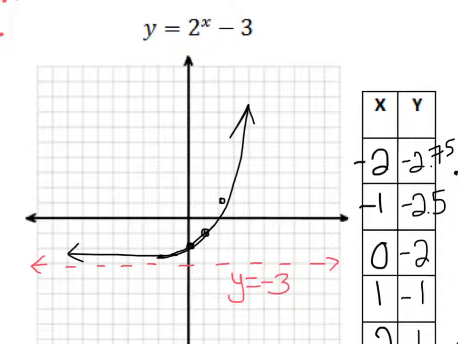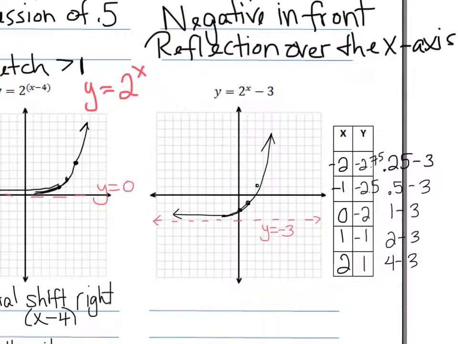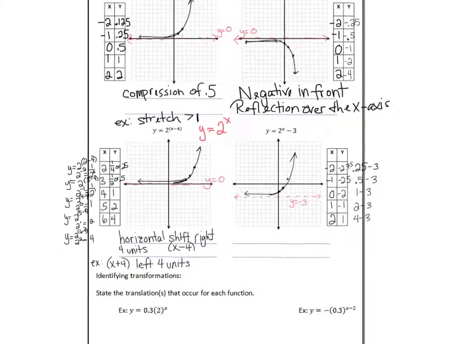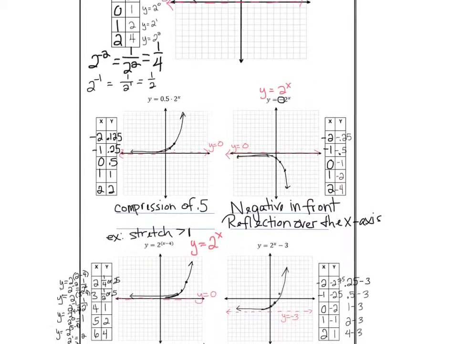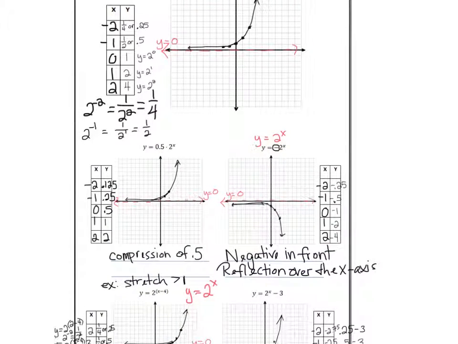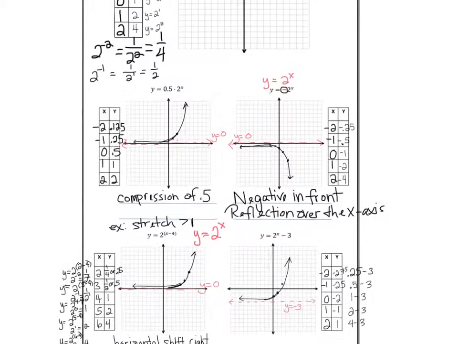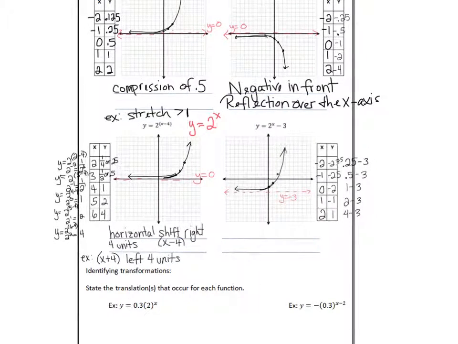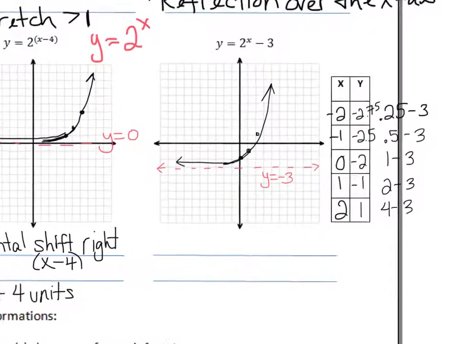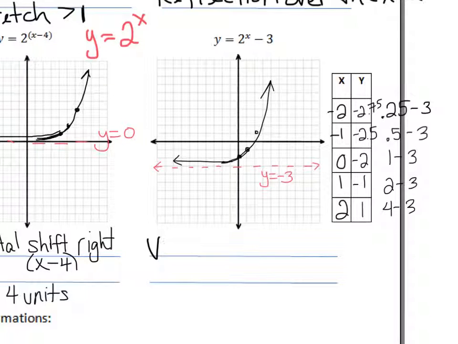So now, comparing this to the original function, you'll notice that instead of being above the 0, it's now below it. And you'll notice that it went down 3 units. So this one is still a shift, but it's no longer a horizontal shift, it's a vertical shift. It's not in parentheses, so we don't do the opposite.